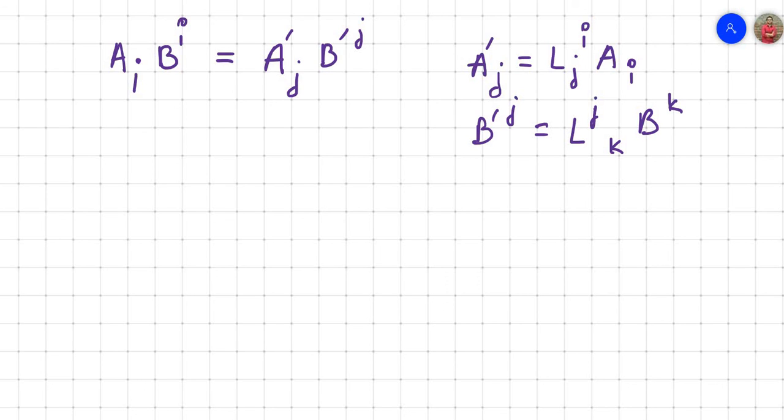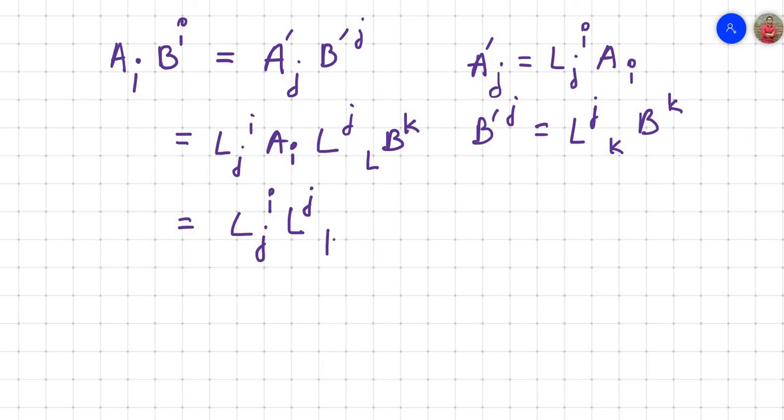If we substitute them in this expression, we get L_ji A_i and L_jk B_k, and then I've got L_ji L_jk. Notice the contraction here, and then I've got A_i B_k. So this should be A_i B_i.